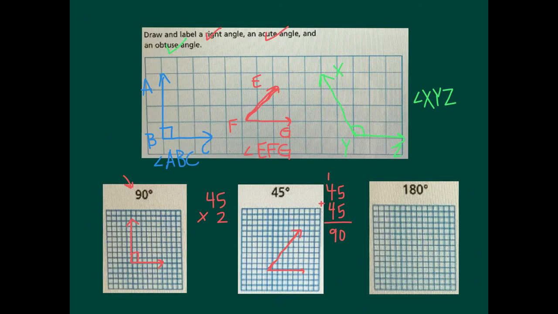I would want to use a protractor to check my measurement to make sure it was accurate. Then finally, a 180-degree angle would be a straight angle, like I told you on the first slide. So that would look like a straight line, except right in the middle, you'd have a dot where the vertex would be. So now I've completed this slide, creating a variety of different angles.